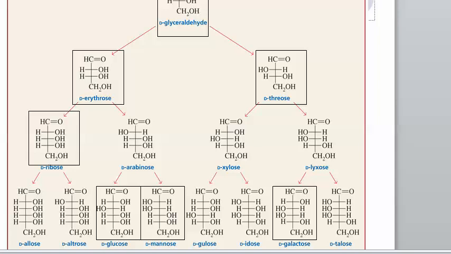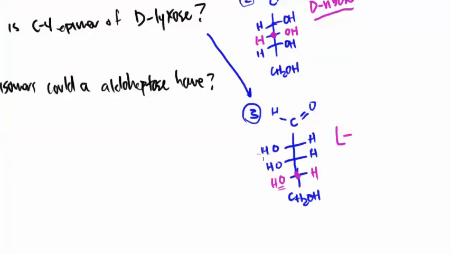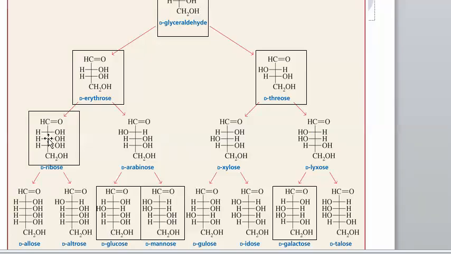Okay, so how do I answer this type of question then? Well, look at your OH groups. The OH groups are all on the same side, right? So it's the same side, same side, same side. Out of that family of sugars, 1, 2, 3, 4, 5 carbons in total, these are your choices.